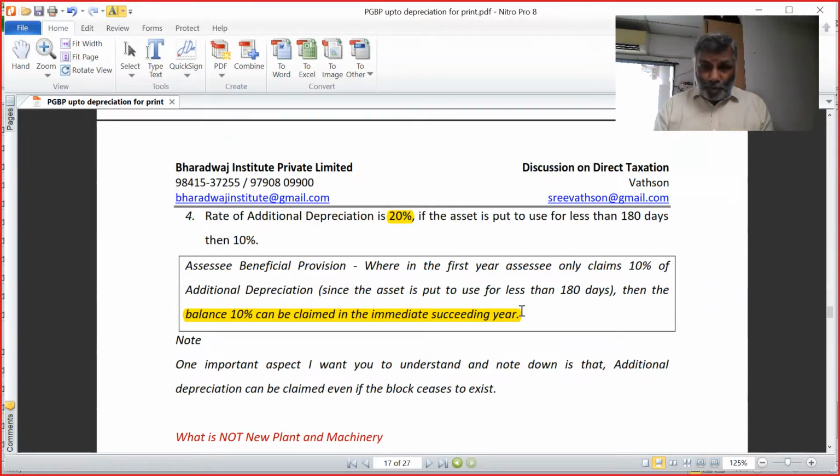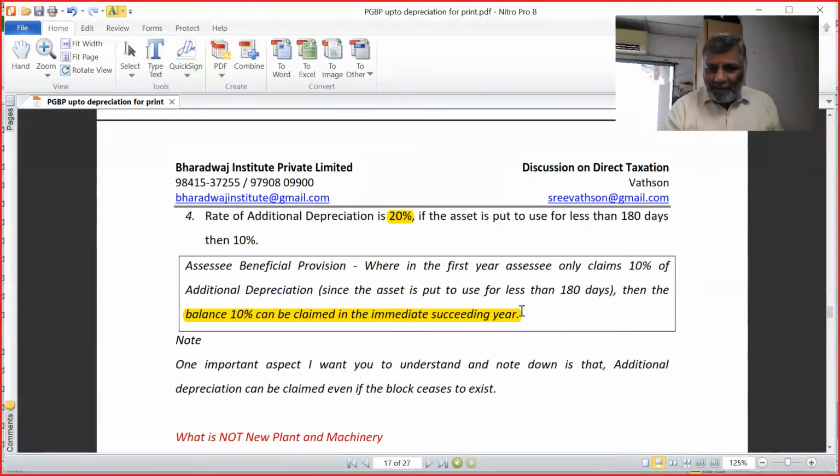This year I am supposed to claim the balance 10%, but this year I am claiming 115BAB, so that 10% cannot be claimed. So the law is giving me a benefit: increase the opening WDV accordingly. That is why I told you opening WDV is normally the last year's closing WDV. There is one exception in the optional tax regime. We'll see it more there.